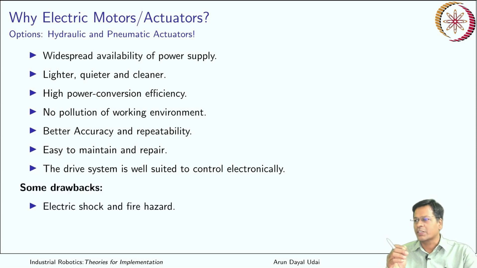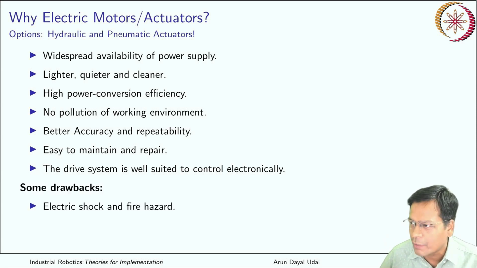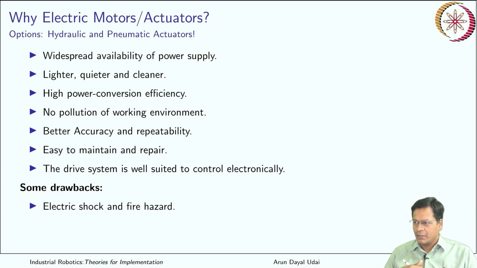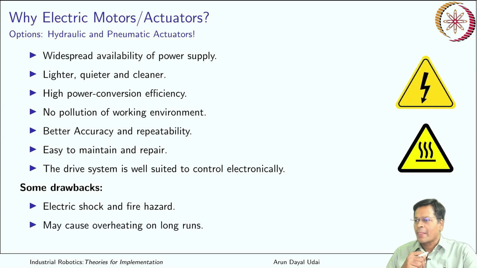Okay. So apart from this, it has some drawbacks also. Yes, it has some electric shock and fire hazard. If you are in an environment, let's say inside a mine where gas is present, even a simple spark can cause a huge explosion, right? So it has to be shielded to take care of that. Electric shock can be taken care of with proper safety.